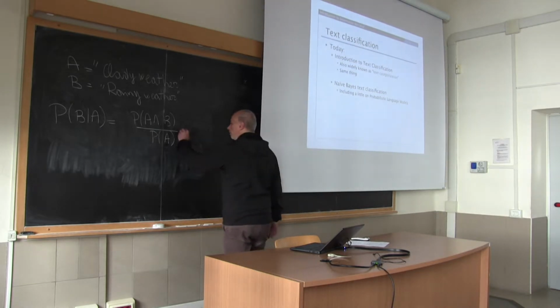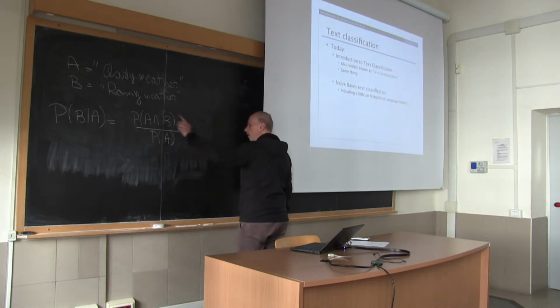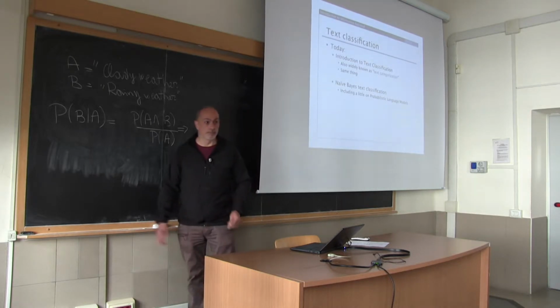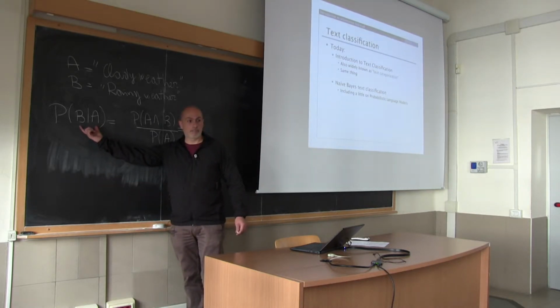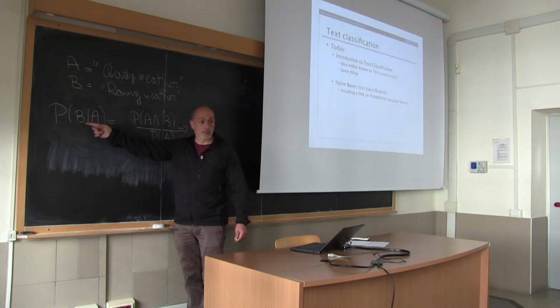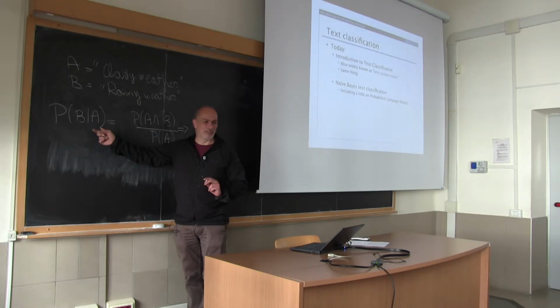From this, you can apply what is called Bayes rule. If I know the conditional probability that it is raining given cloudy, I should have chosen the other option, A conditioned on B, but it's fine. But now I think you will explain to me why that would have been a better idea.